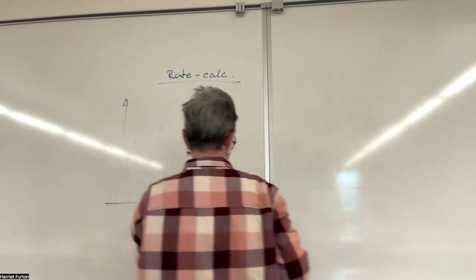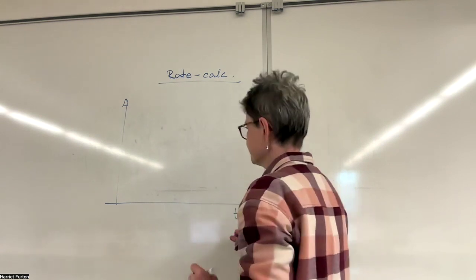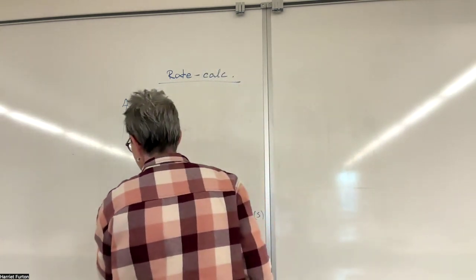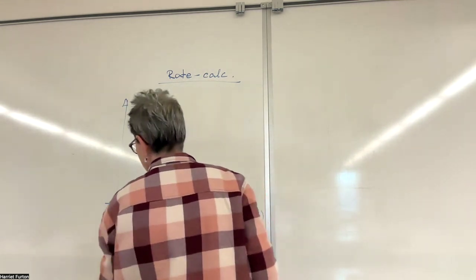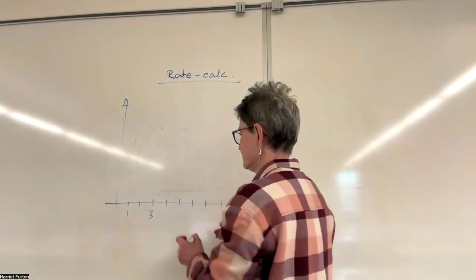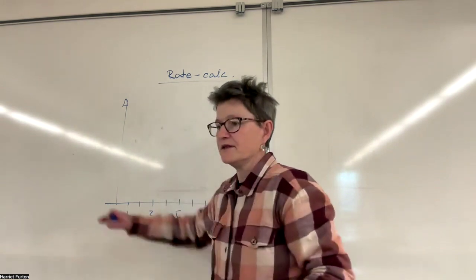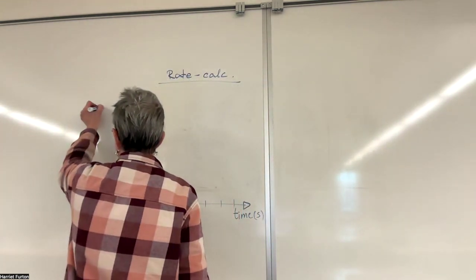And the y-axis will be the time. The unit will be in seconds. Let's say 1, 2, 3, 4, 5, 6, 7, 8, 9. So this is 1 second, 3 seconds and 5. Okay. The y-axis will be the product formation.